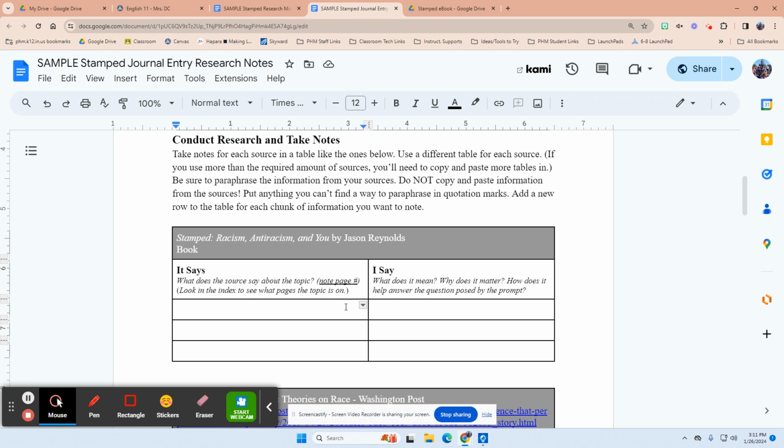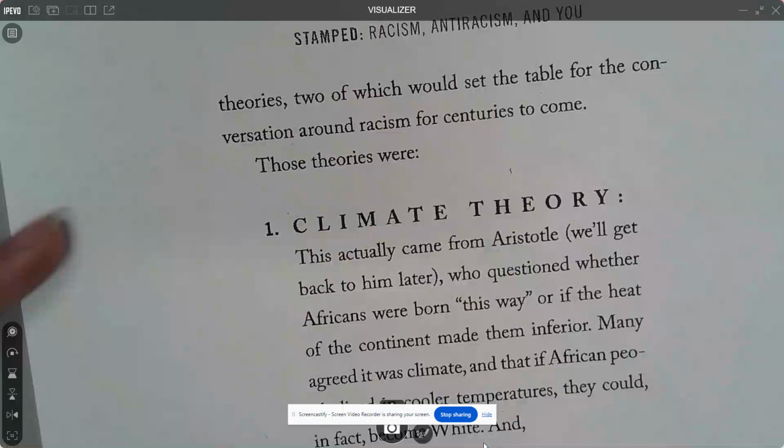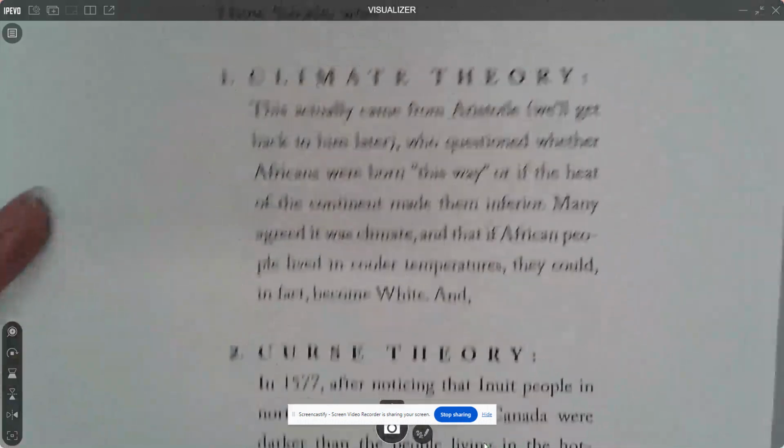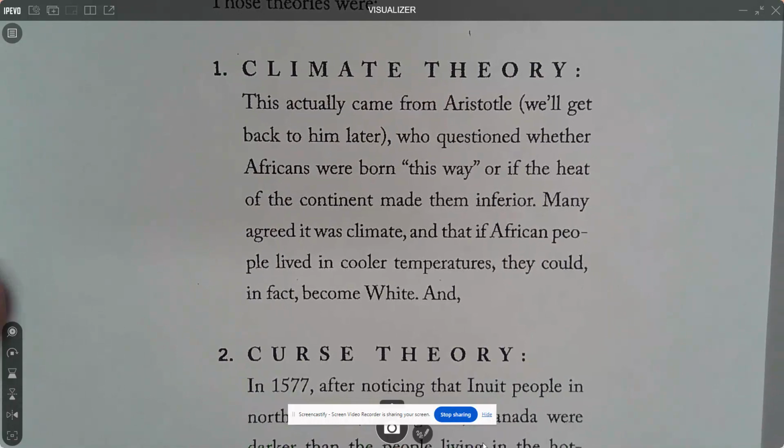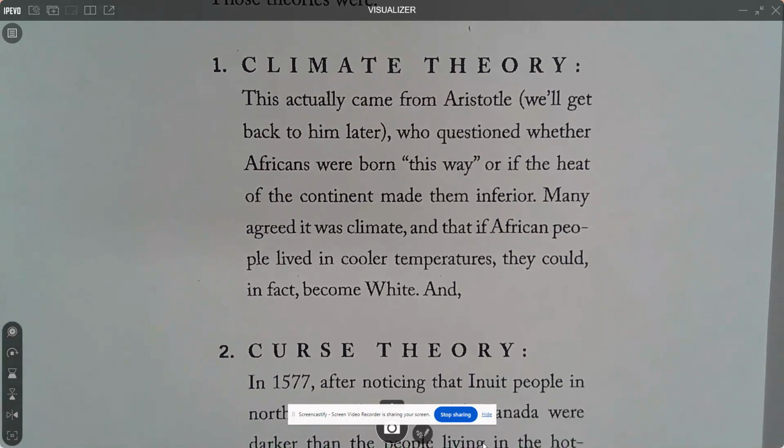So I'm going to then open my book to page 12, and I'm going to find where it's talking about climate theory, and I'm just going to read that to myself one time. So this actually came from Aristotle, who questioned whether Africans were born this way or if the heat of the continent made them inferior.